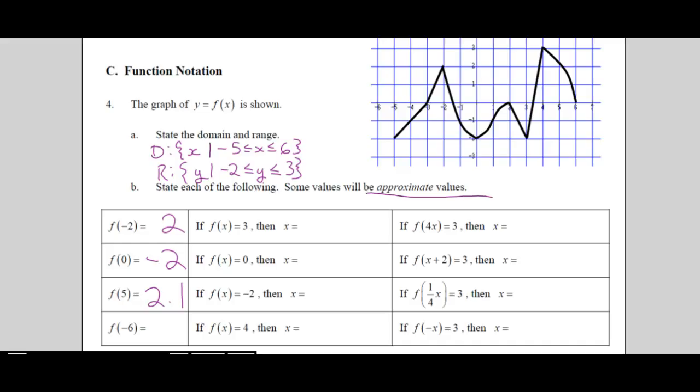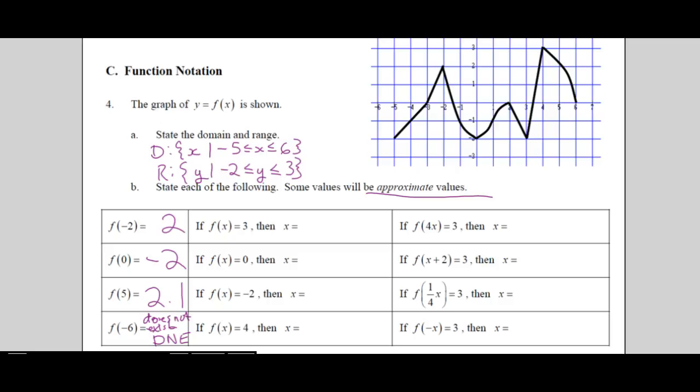F of -6. There isn't one. So we're going to say does not exist, which we will abbreviate. Does not exist, but then we might be saying that more often, so we'll say DNE. Just for does not exist.